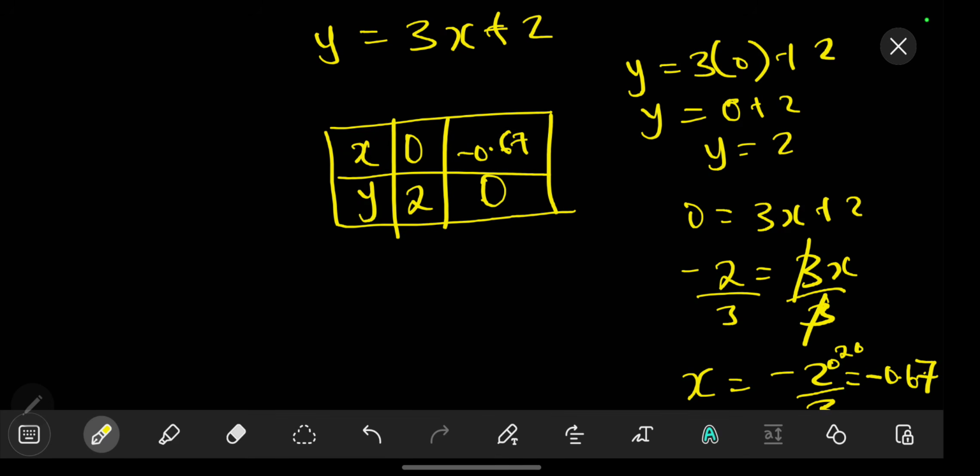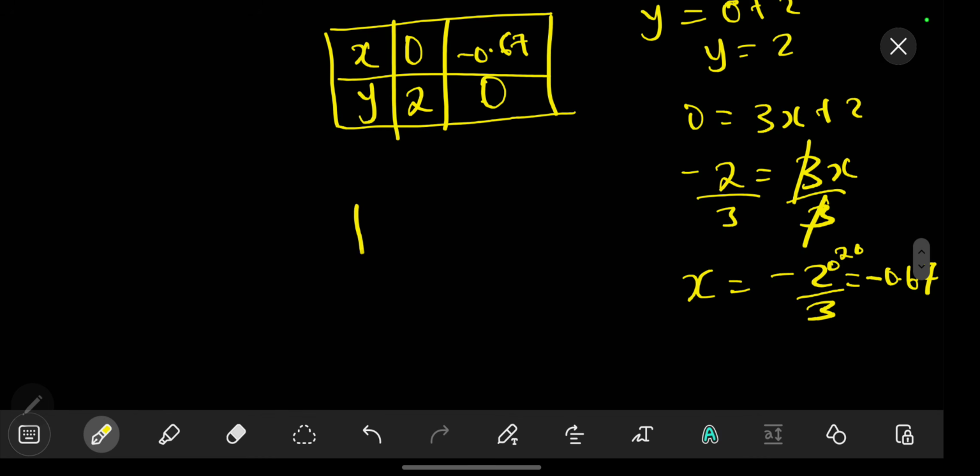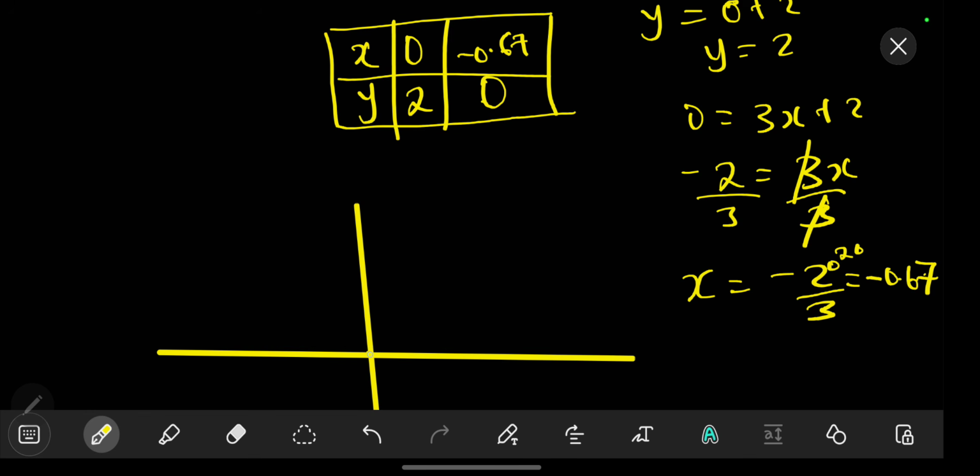So these points are enough to draw a linear equation. We are just going to use these 2 points, and say we have 0 comma positive 2. So we have our x, our y here. So 0 comma positive 2 is here. Let's say my 2 is there, so it's passing through this point.